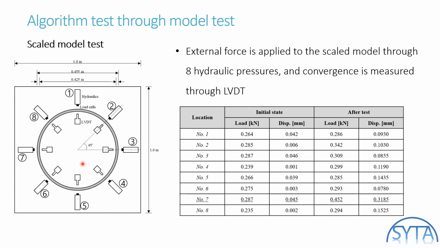In the test, a load of about 0.25 kN is applied to simulate the isotropic state. After that, it was performed by applying an additional external load of 0.2 kilonewtons to the 7th hydraulic pressure.